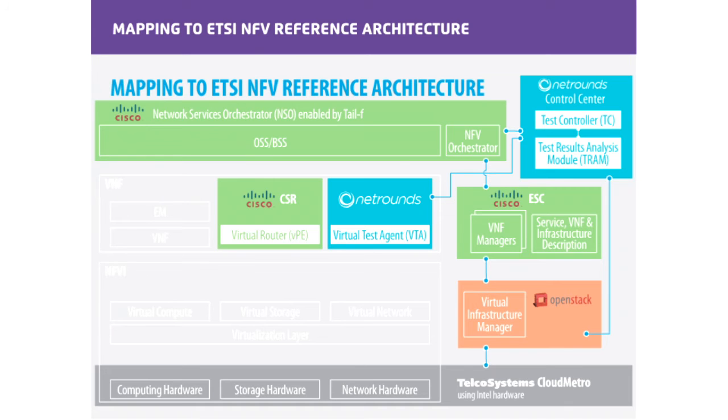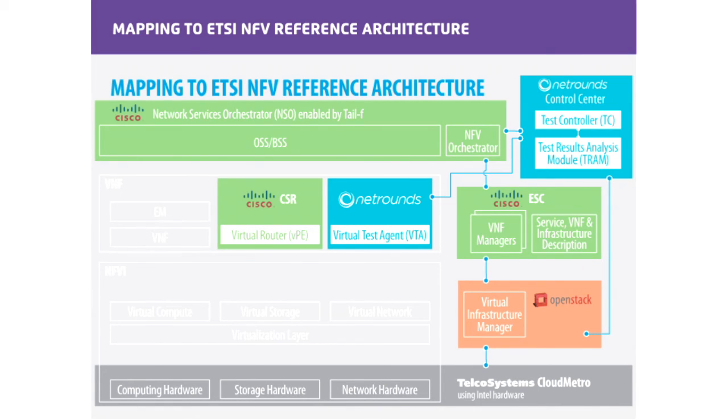So let's start off with what's going on in ETSI, because this was also an ETSI PoC. And in ETSI, there is now ongoing work that proposes inclusion of using virtual test agents that are under the control and under the command of a centralized test controller, the blue boxes here.